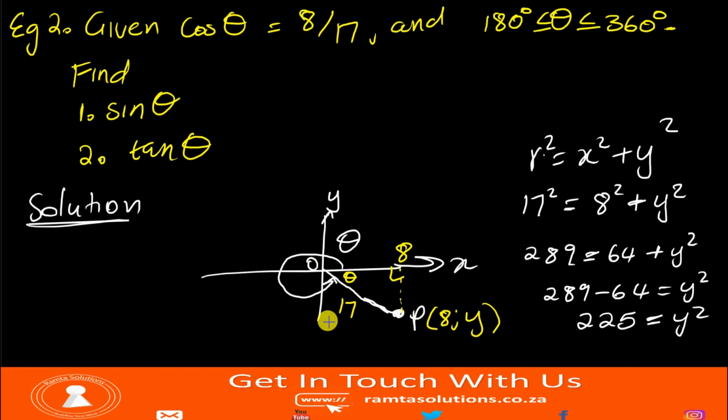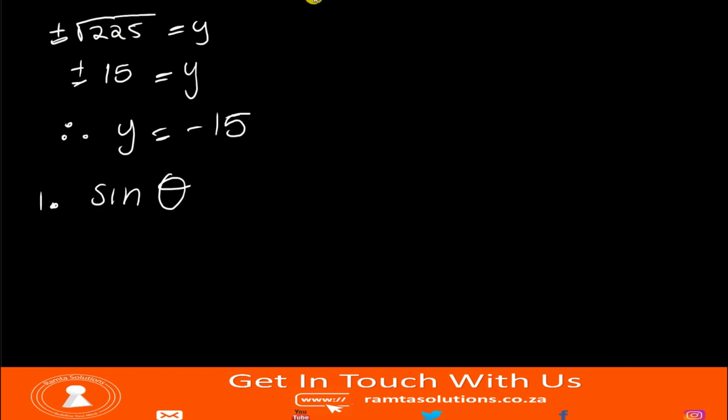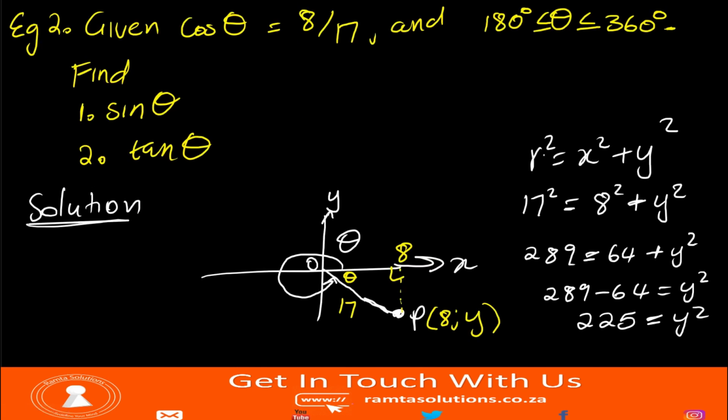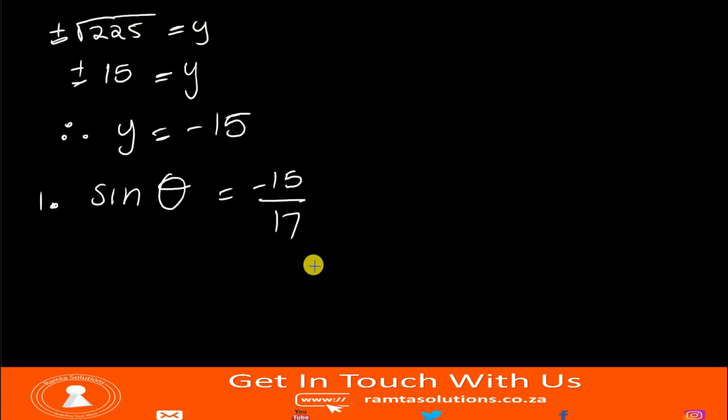This is the y. Remember, it's the y. We got negative 15 over hypotenuse. What was the hypotenuse? It was 17. So sine theta is negative 15 over 17.